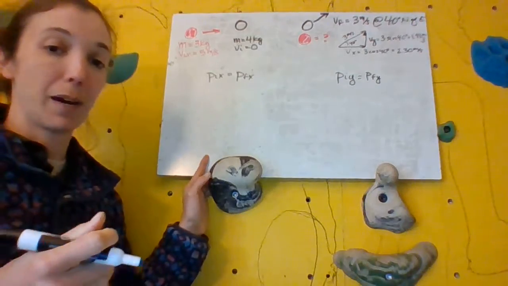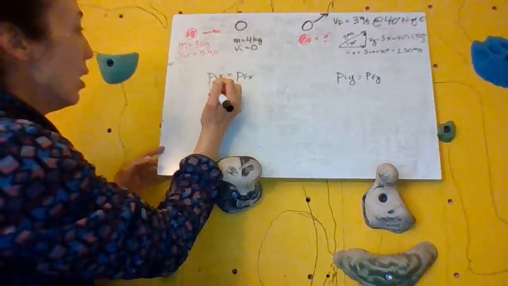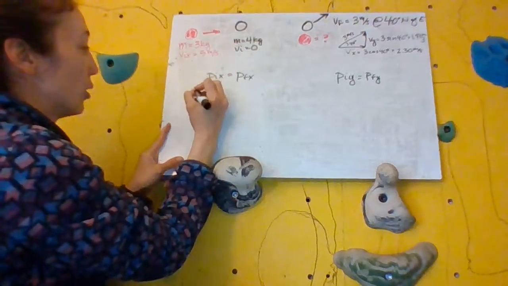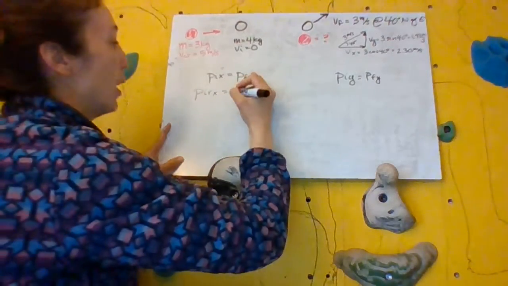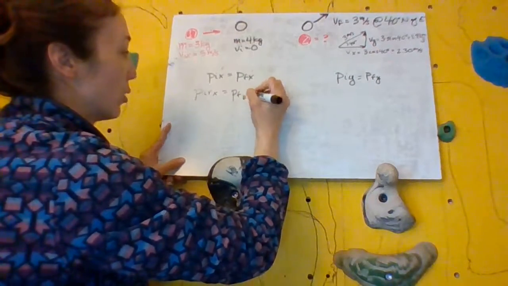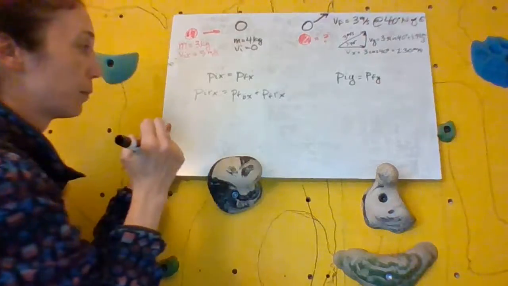Now I can write my conservation of momentum equations for the x direction and the y direction. So initially only the red ball is moving. So the initial momentum of the red ball in the x direction is equal to the final momentum of the black ball in the x direction plus the final momentum of the red ball in the x direction.